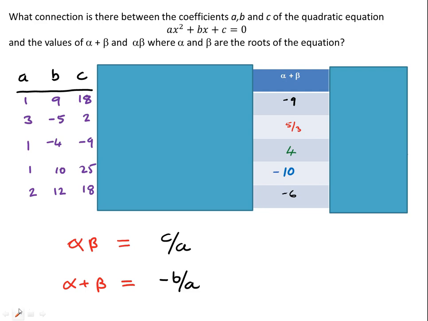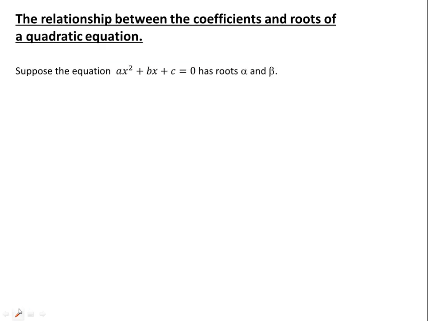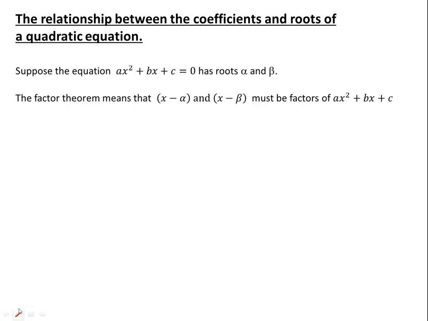Now let's see whether we can explain these two results. So let's suppose that the equation ax squared plus bx plus c equals 0 has got roots of alpha and beta. Well, that certainly means that x minus alpha must be a factor of ax squared plus bx plus c, and x minus beta must be a factor of ax squared plus bx plus c.